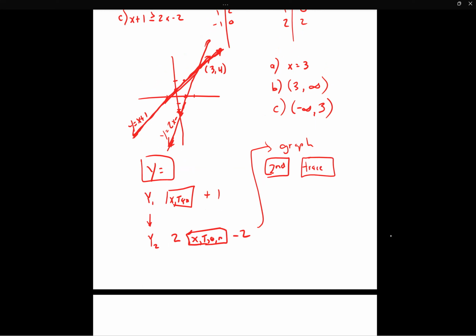We want to calculate the intersection, which would be number 5. Once that's highlighted, hit enter, and it should go back to your graph and show you the intersection is 3, 4.